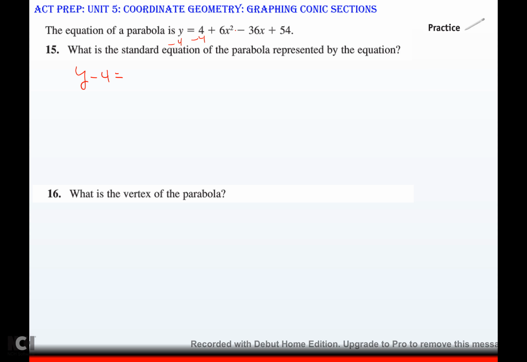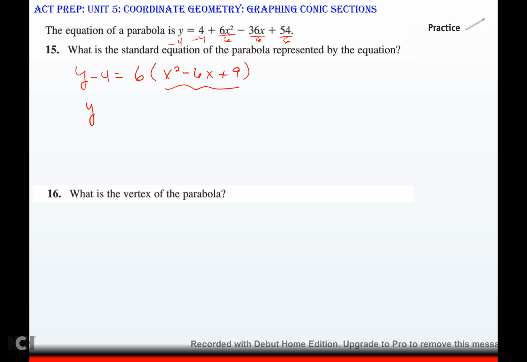Well, to complete the square, whatever's touching x squared has to be 1. So I've got to factor out a 6 whether I want to or not. So factoring out a 6, I get x squared minus 6x plus 9. And sure enough, now that's perfect. Again, they're setting these up where they come out like this on purpose. It doesn't happen very often in the real world, but whatever.